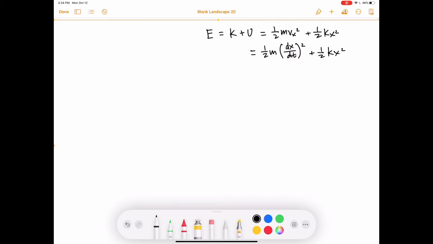Now, if energy is conserved, I should say if mechanical energy is conserved, there's a lot of ways we can write that, but one way is this: dE/dt is equal to 0, meaning it's not changing over time.